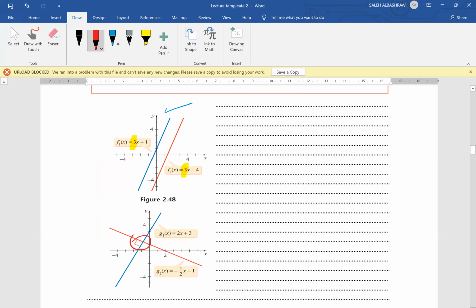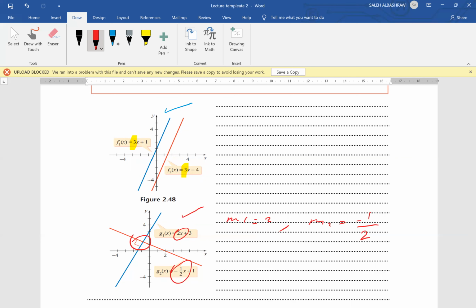You can see the slope of the blue one, m1, equals 2. And m2 equals minus 1 over m1, which is minus 1/2. Since we have this relation between these two slopes, the two lines are perpendicular.